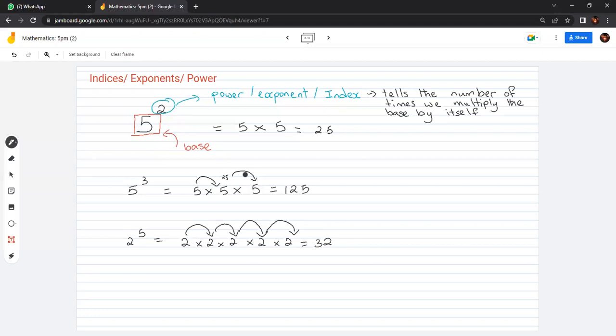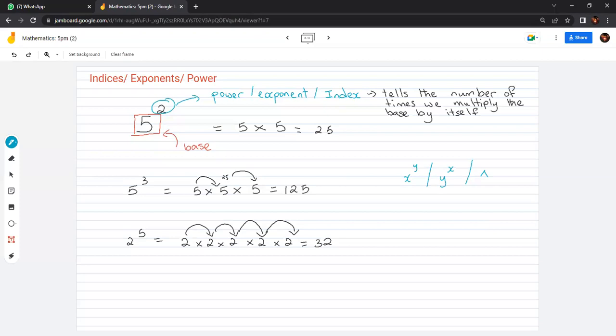Now, if you are using your calculator, if you're allowed to use the calculator and they ask you to solve it, on the calculator you're going to see either x to the power of y or y to the power of x or a symbol like that. If it's on the button itself, just press the button.